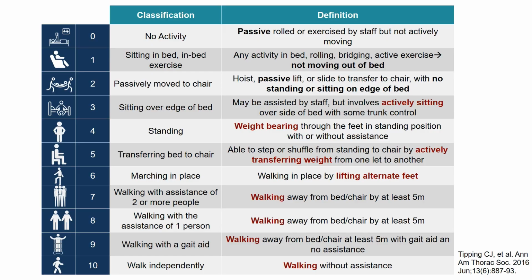And as you can see, as they describe the different definitions of this scale, there's an inflection point at which patients go from passive activity to active activity, and specifically when they go from in bed to out of bed, or sitting at the edge of the bed, activating their truncal muscles. And I would argue that that's the minimum dose for mobilization, the first out of bed activity.